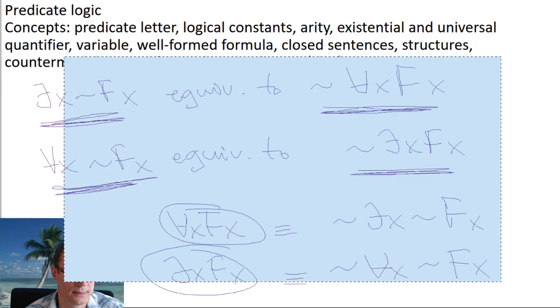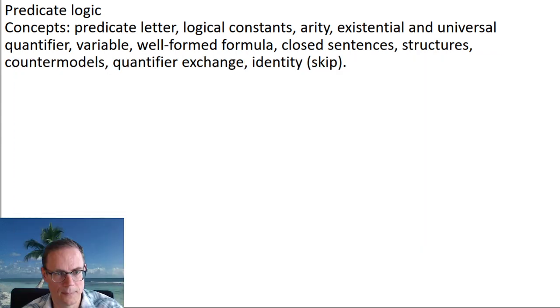Now I anticipate that some of you will be puzzled by that. So the thing about predicate logic is you have to get some practice with it before it feels familiar. We will skip the topic of identity. It's not needed.